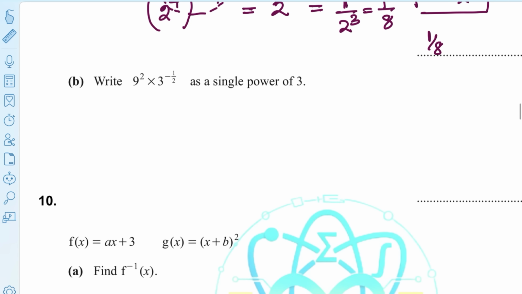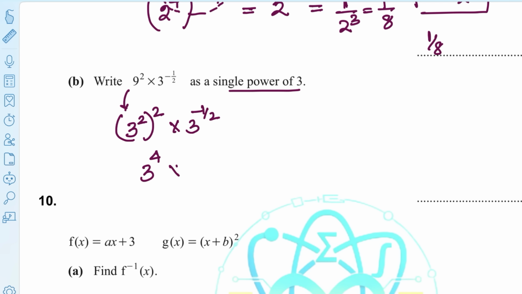Next, write down this as a single power of 3. How? Because 9 equals 3 squared, outside we have squared again, and times 3 power negative 1 over 2. So 3 power 4, 2 times 2, and 3 power negative half. And we know that as per the law of indices, when you multiply the indices of the same base, we have to add the powers.